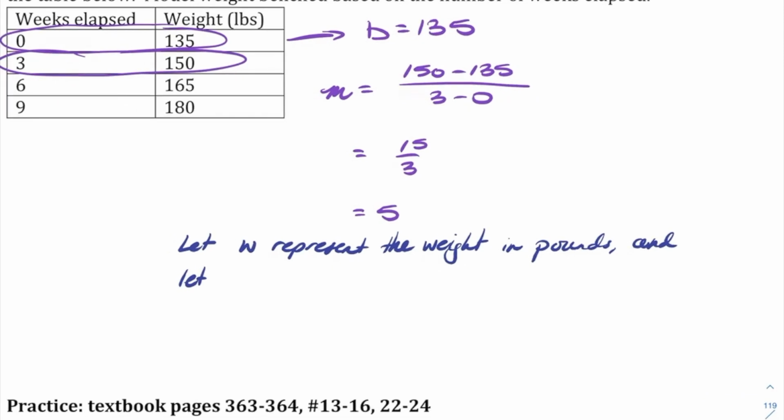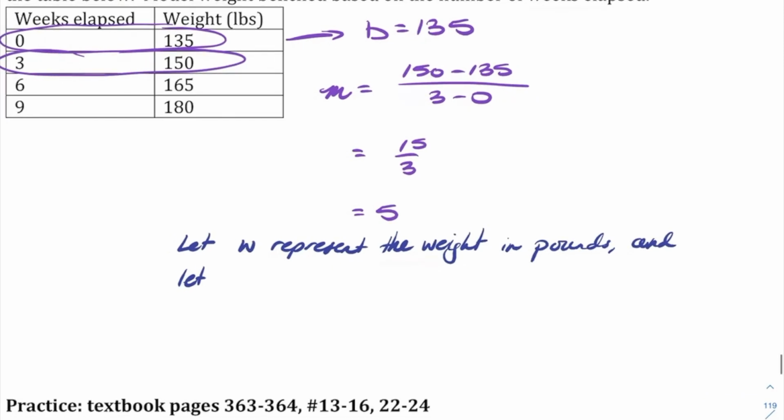And something for the number of weeks elapsed. Well, I can't use W again. When it's number of something, I always like to use N. That's my general go-to.